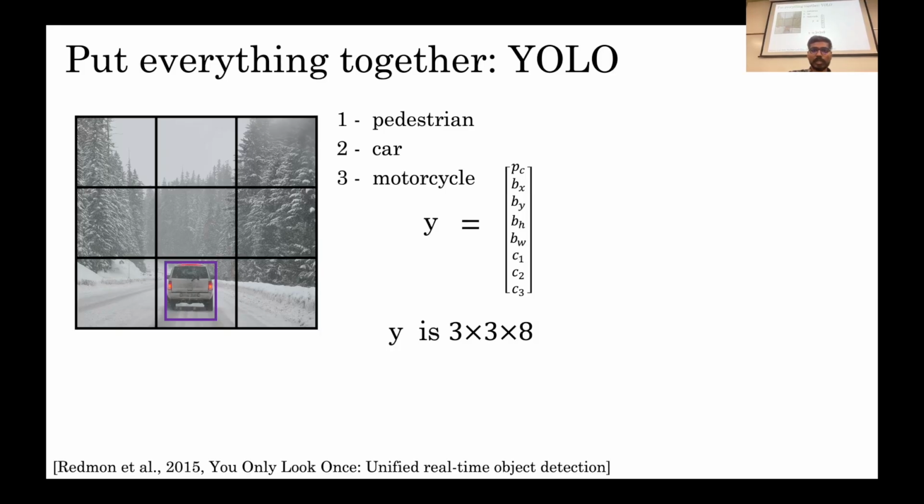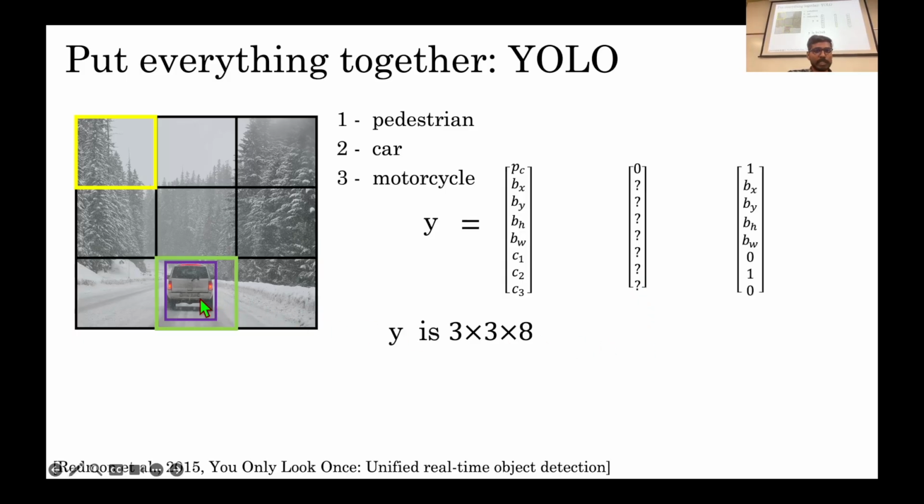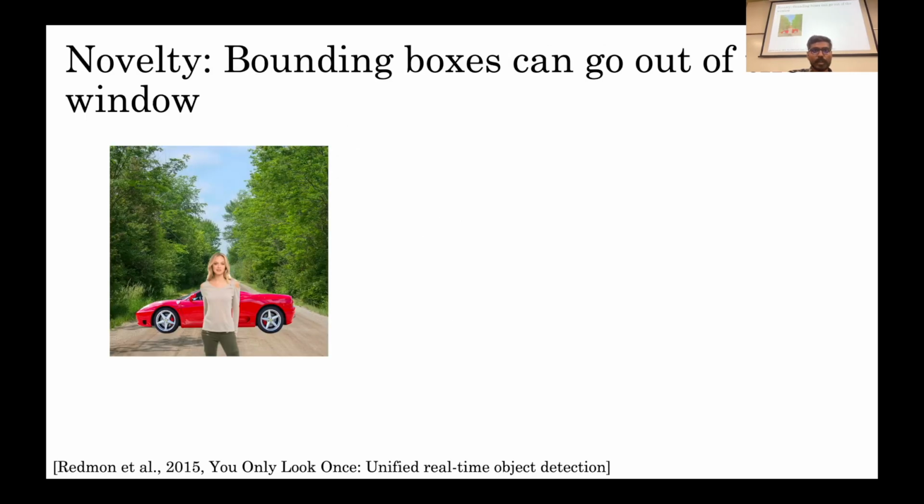This is how the ground truth is given. If we are talking about this particular window, then we define the ground truth like this: first value is 0, rest of all doesn't matter. If you are looking at this particular box, the first number PC is 1. You will provide some values for BX, BY, BH, BW, and you are saying that it is a car. Now let us see some novel things that the YOLO algorithm proposed which make it a better algorithm.